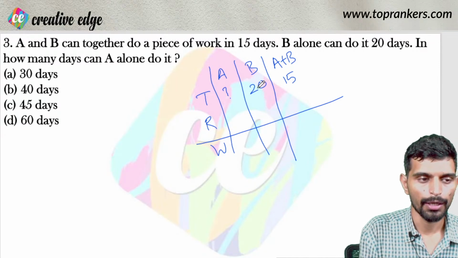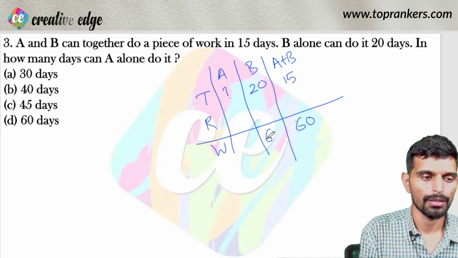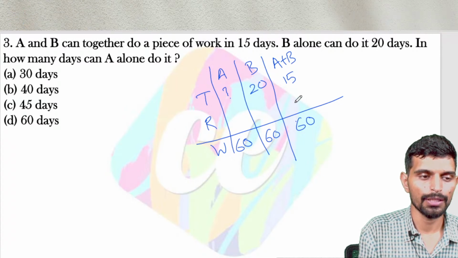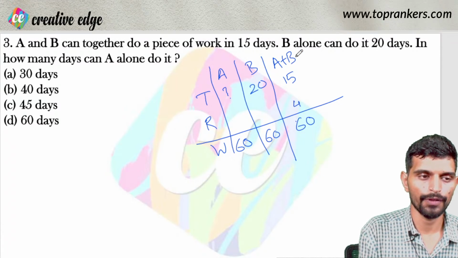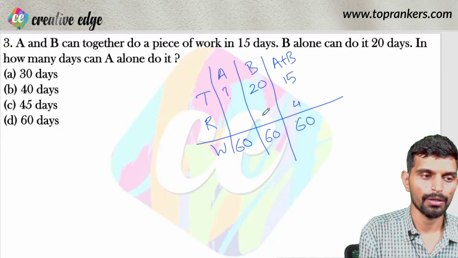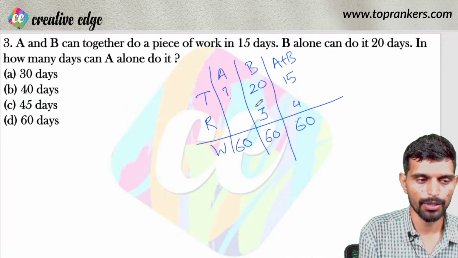So let's take the LCM of these two, 15 and 20, LCM is 60. So work done is the same for all. So 60 by 15 is 4. So rate of A and B together in a day is 4 units. Rate of doing work for B is 3 units per day, 60 divided by 20.